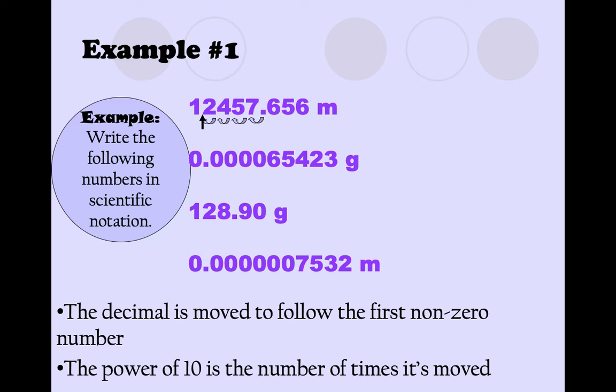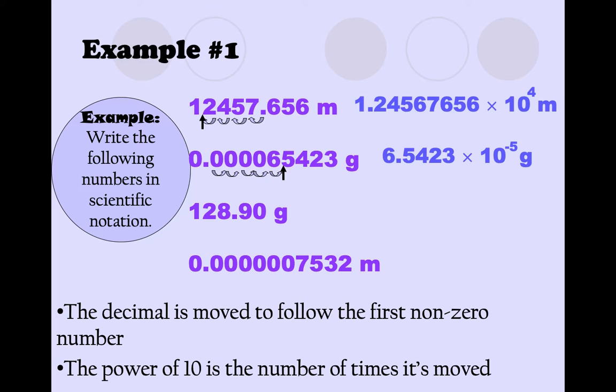And since the number is bigger than 1, right, 12,000 is bigger than 1, it is a positive 4 exponent. In the second example, we would move it behind the 6. We would move it 5 times, and since the number is small, less than 1, it is a negative 5.